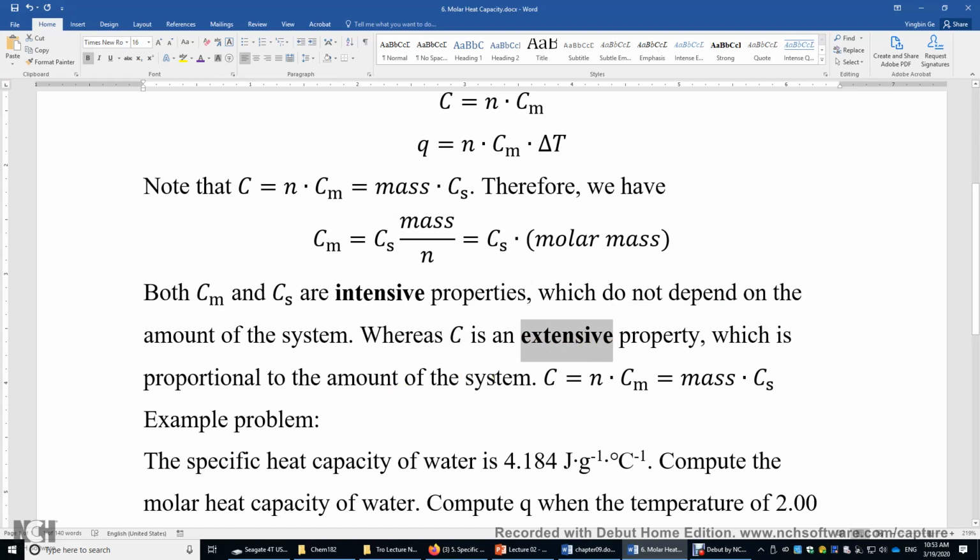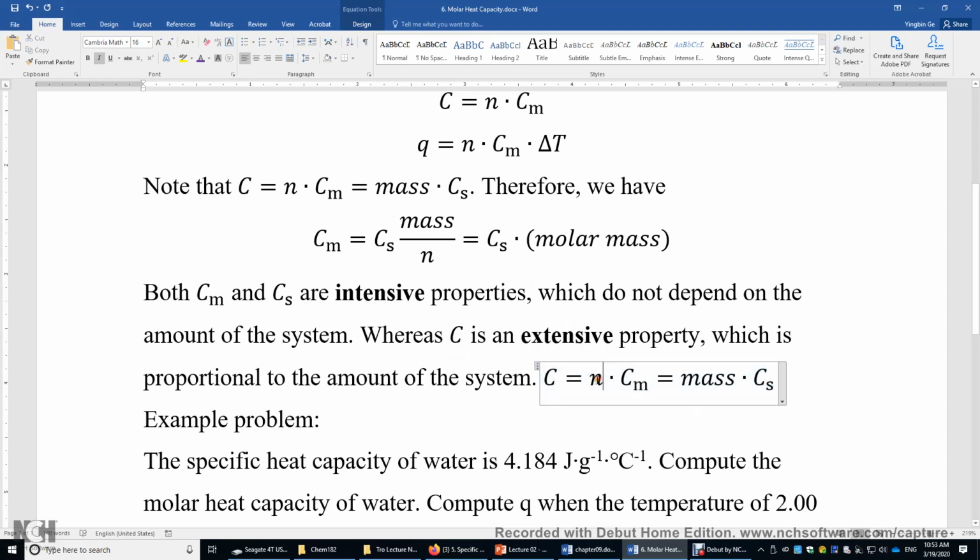For example, the heat capacity of 1,000 moles of water is 1,000 times the heat capacity of 1 mole of water. 1,000 grams of copper has a heat capacity that's 1,000 times that of 1 gram of copper.